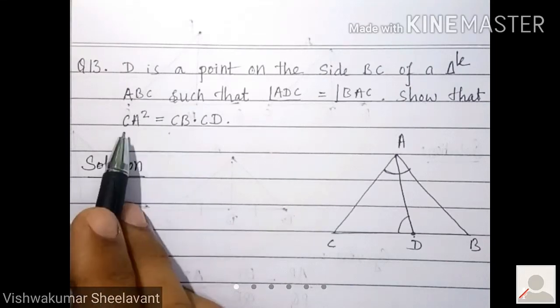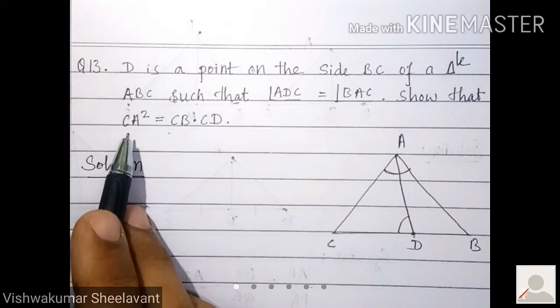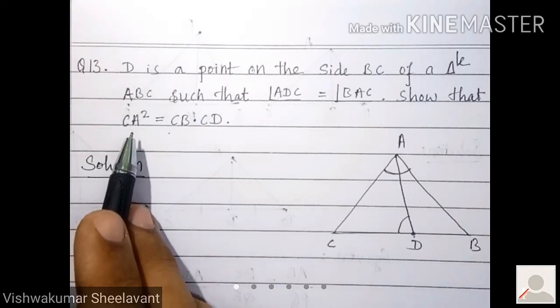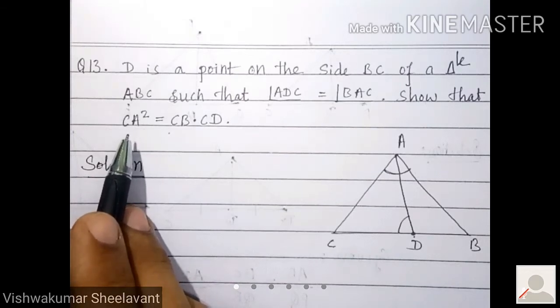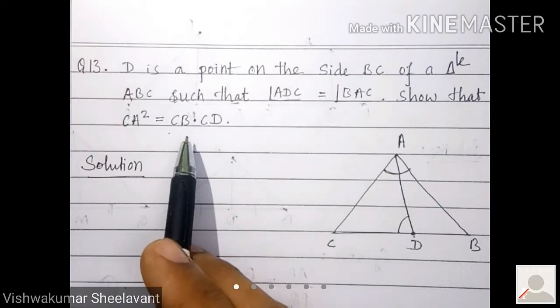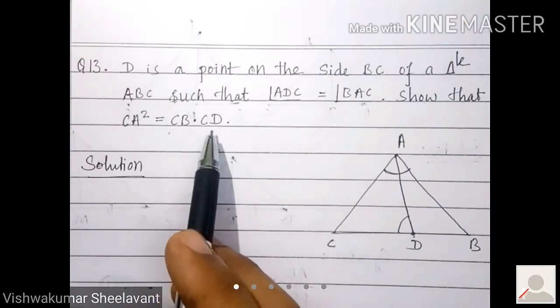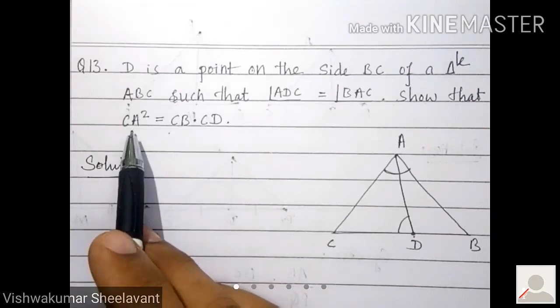CA square means CA is considered 2 times, or it is a common side in 2 triangles. It gives us one hint. Then we are having here CB and CD. So CA should be common.